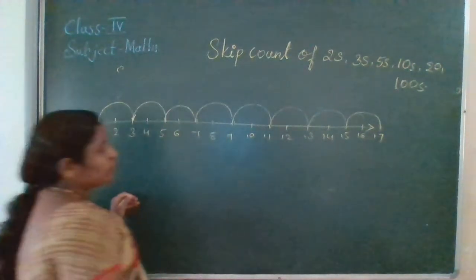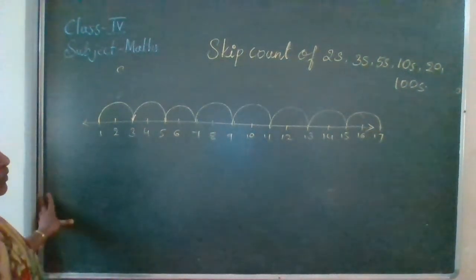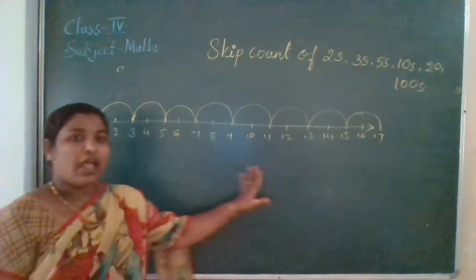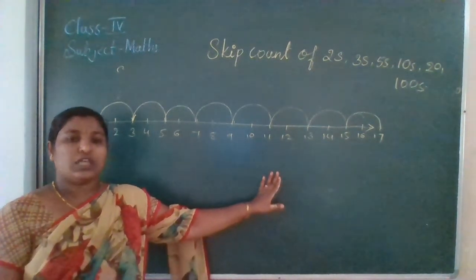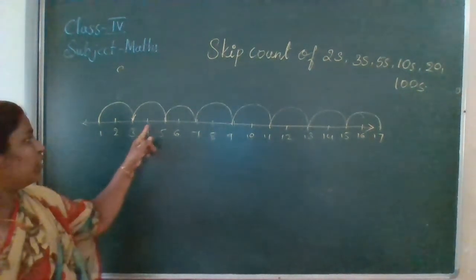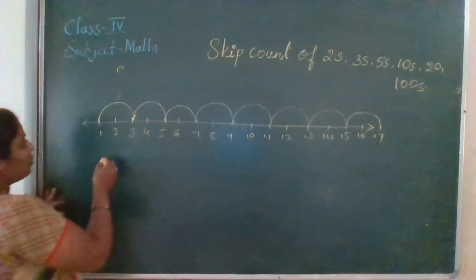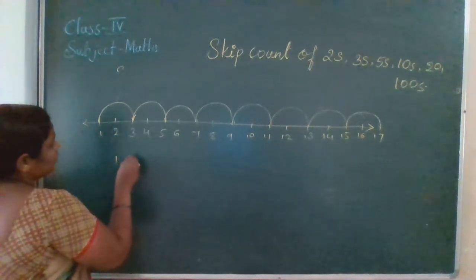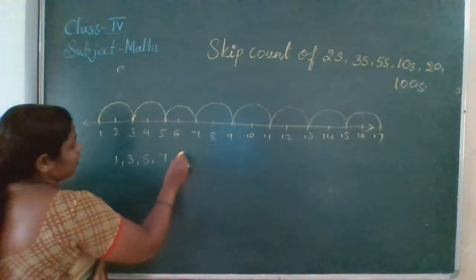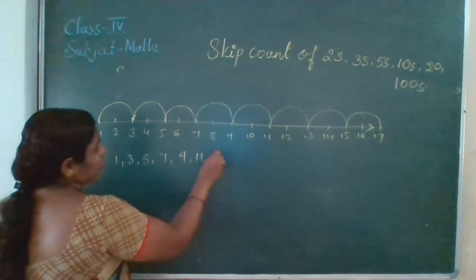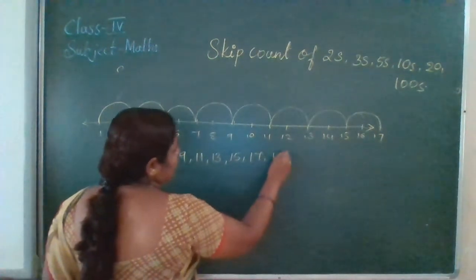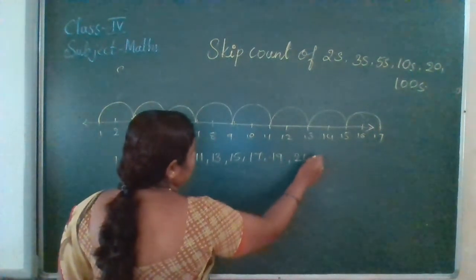I jumped two steps. So write those numbers: 1, 3, 5, 7, 9, 11, 13, 15, 17, 19, 21.